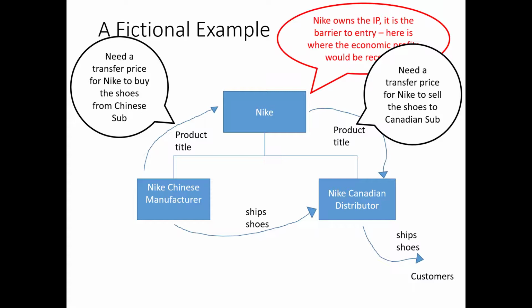Well, because the Chinese manufacturer selling to Nike doesn't own any of the intellectual property. They can't put the swoosh on there without Nike's permission, right? So they're just manufacturing the shoe. Nike adds to it essentially the value of the brand. Nike owns the technology. They will sell the design rights to the Chinese manufacturer.